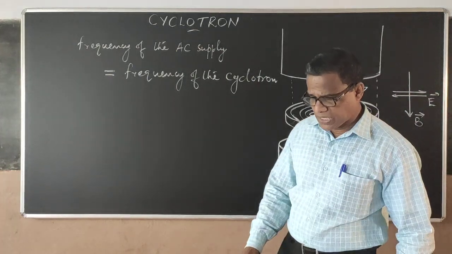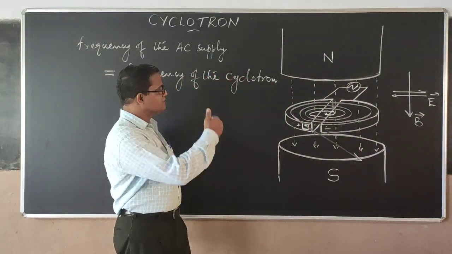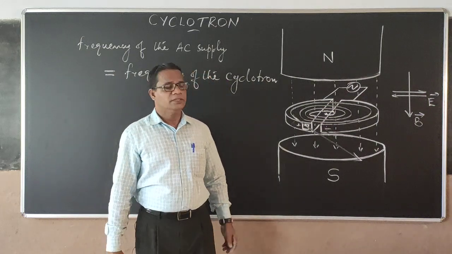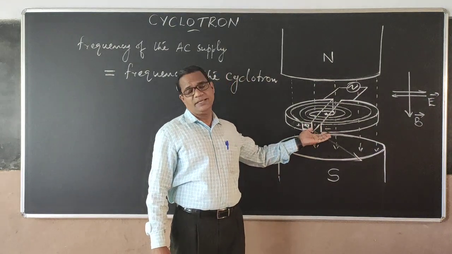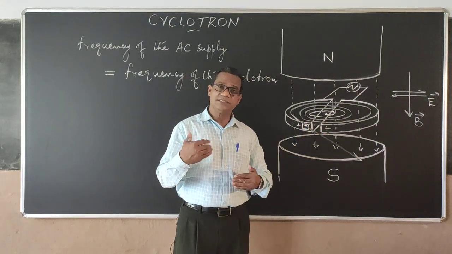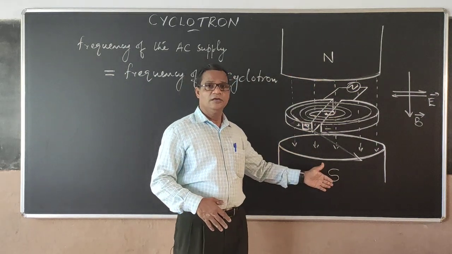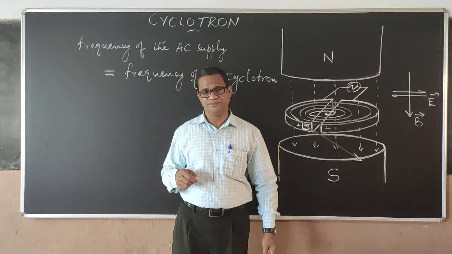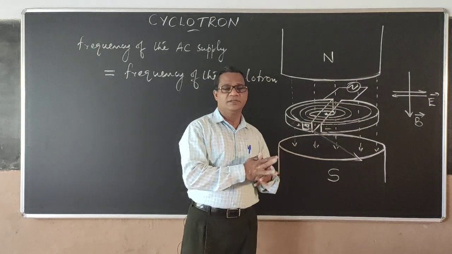But if anybody asks what is the working of the cyclotron, you can write only one sentence: the electric field existing between the D's accelerates the particle, and the magnetic field will be taking the particle to go in a cyclic path. This is what is actually happening here.